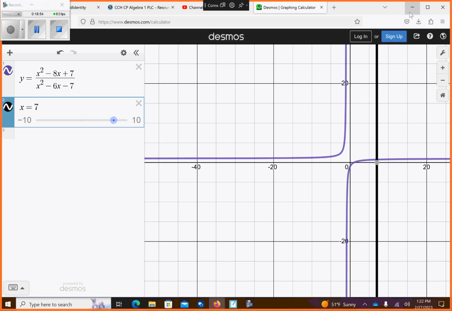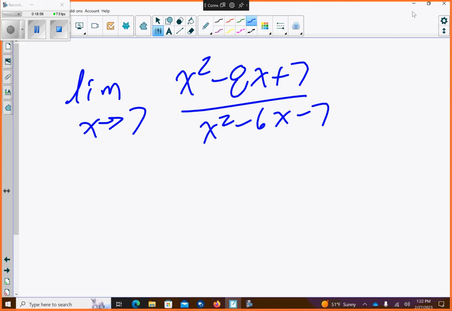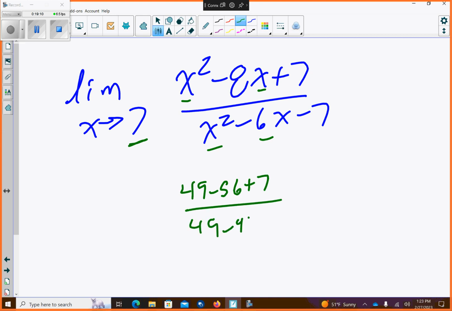But let's see exactly why this took place. Sometimes we can directly substitute this value in for all of our x's. So I'm going to get 49 minus 56 plus 7 on top. I get 49 minus 42 minus 7 on bottom. So 49 minus 56 is negative 7 plus 7 over 0, which gives me negative 1 over 0, where that's undefined.